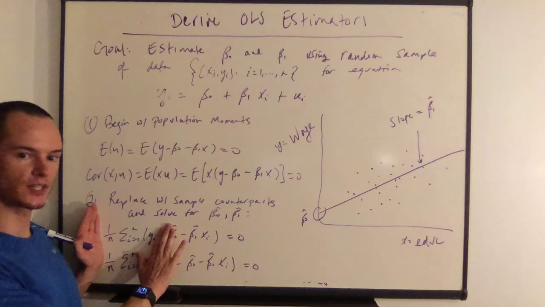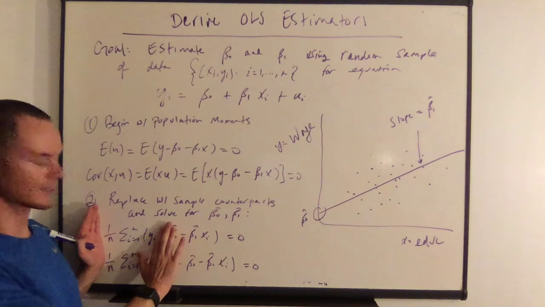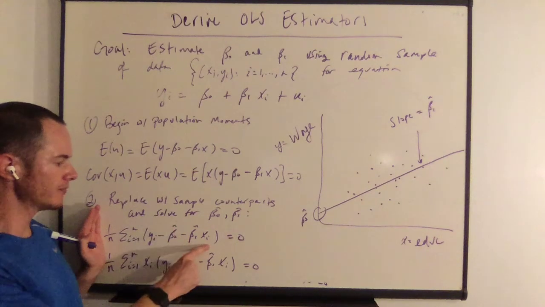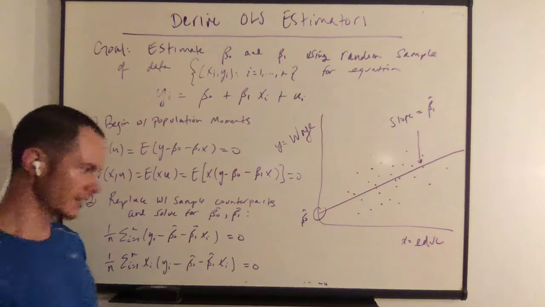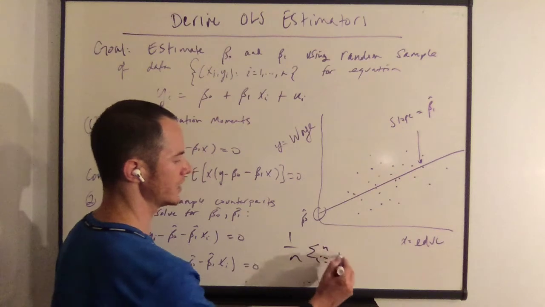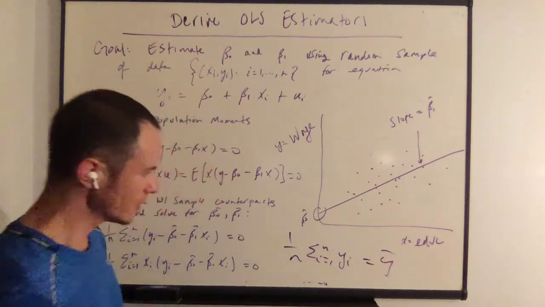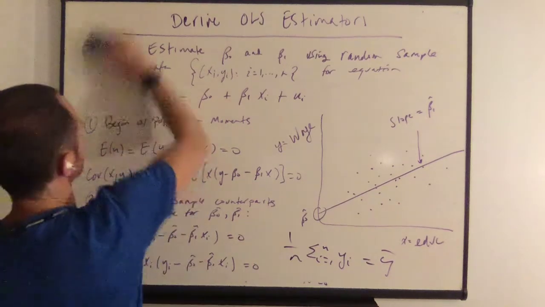Now observe that in the first line, 1 over n times the sum from i equals 1 to n of yi, that's y bar, the average of y. The same for xi, 1 over n times the sum from i equals 1 to n of xi is x bar. So we can rewrite the first line as follows.